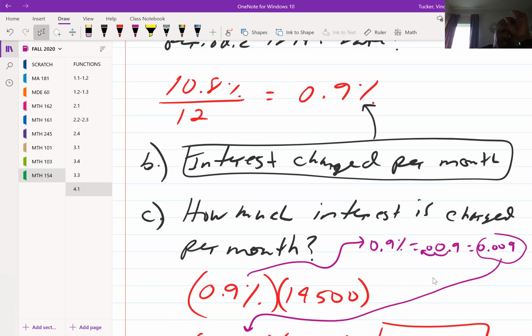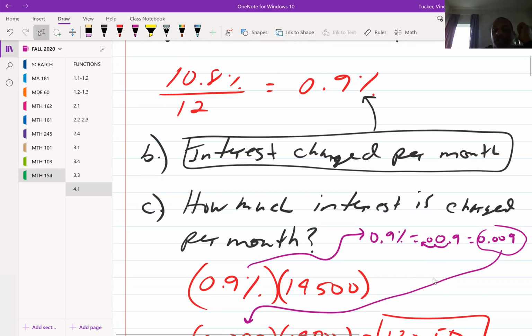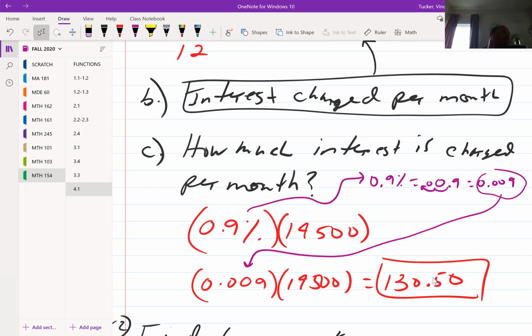Don't forget, before you do your calculation, you convert that percentage to a decimal. So you're just moving that decimal 2 places to the left to give you 0.009. Or you can divide it by 100. It does the same thing. If you divide that 0.9 by 100, that's the same thing as moving the decimal 2 places to your left. And so when you multiply that by the 14,500, you will get $130.50.